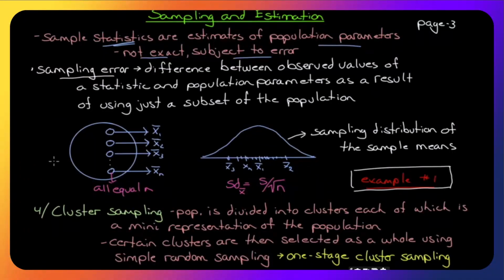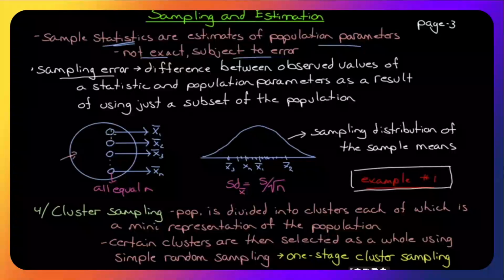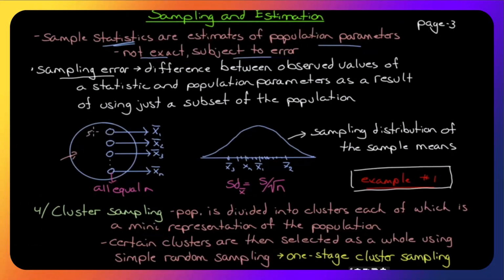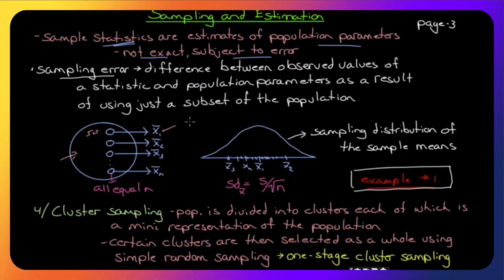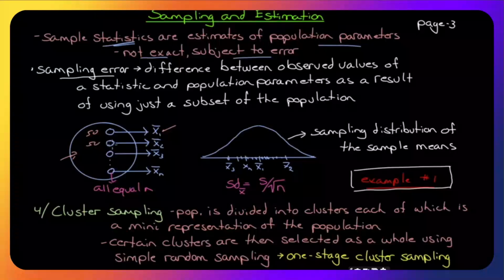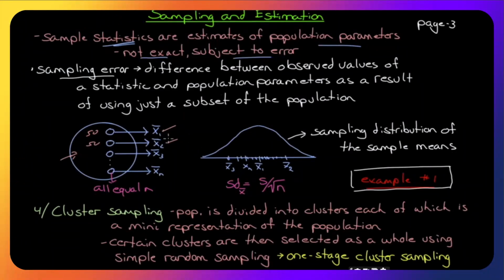So let's imagine that we have a population and we take a sample, and let's say the sample size is 50. We can calculate a mean of that sample. If we take another sample of 50 and calculate the mean, these will be different. They'll both be estimates of what the true population mean is, but they will be different. If we did it again, take another sample of 50, calculate a mean, it will also be different.